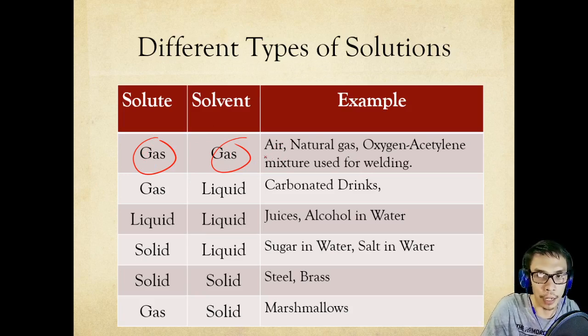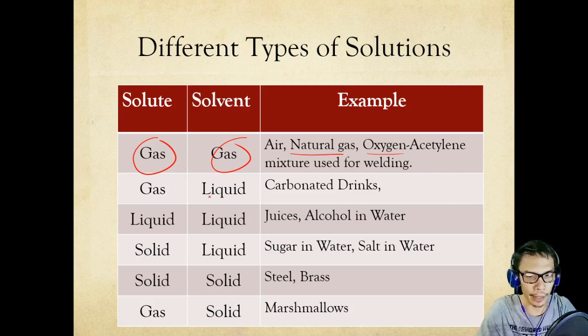It contains several gases like nitrogen, carbon dioxide, oxygen, argon for about 0.0 something percent, methane, and a lot of things. We also have natural gas, and an oxygen acetylene mixture for welding. So that is a gas and gas solution.